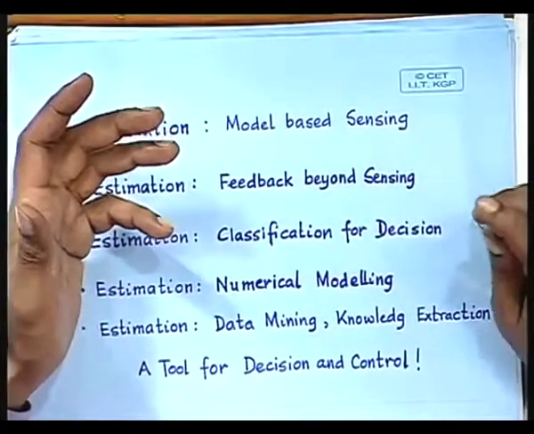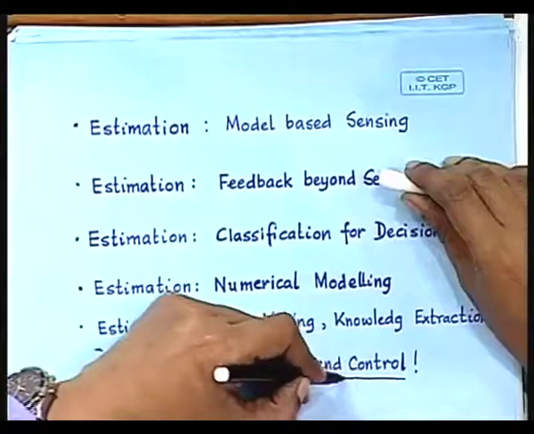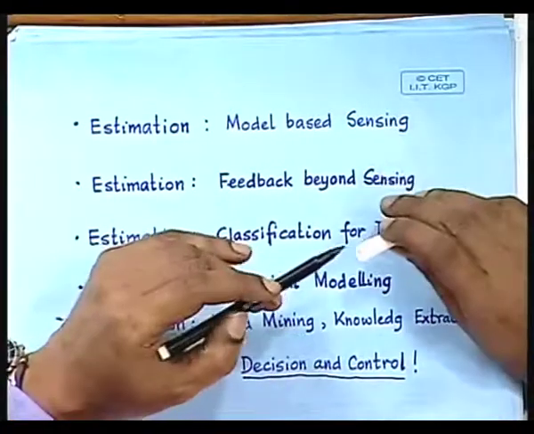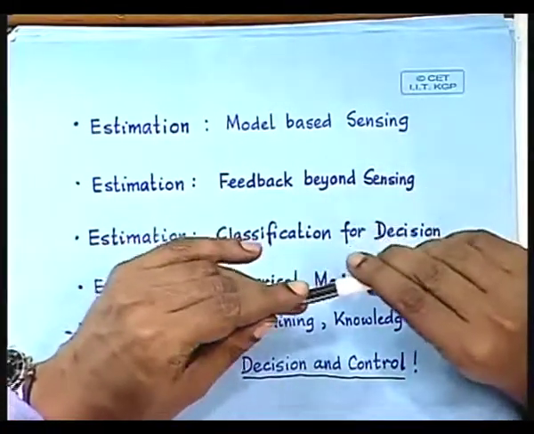It basically provides a very elegant tool, a measuring tool, a knowledge gathering tool, simply from observed behavior, and that knowledge and information we can use for a host of purposes of decision and control. That is why this course is so important.